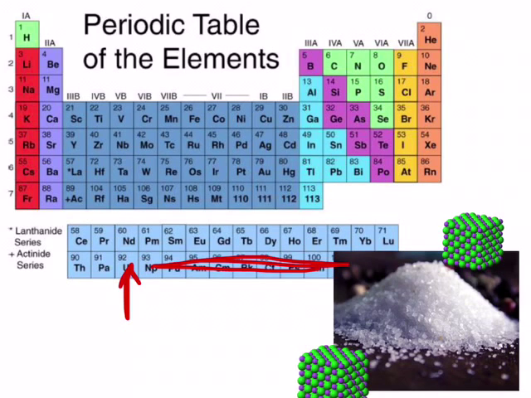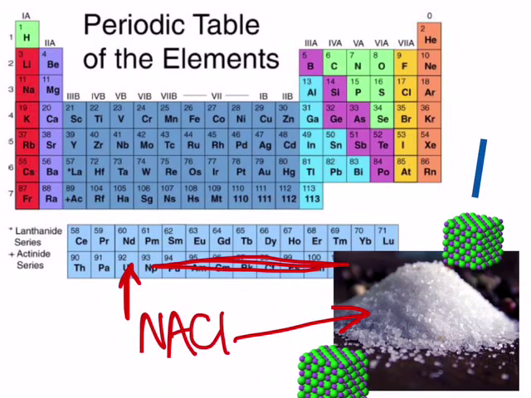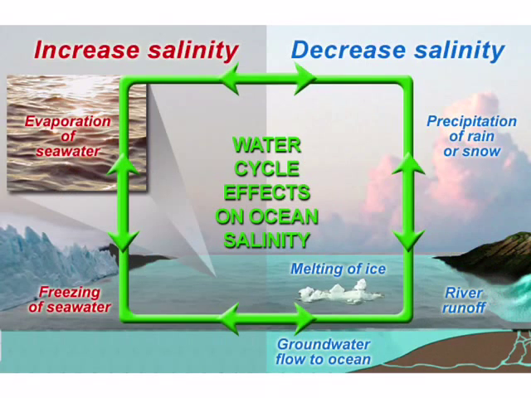And salt forms these cool structures that are kind of crystal-like, which is why you see this crystal shape. There are also other kinds of salts that are not NaCl, but most of the salt that's in the ocean is NaCl.